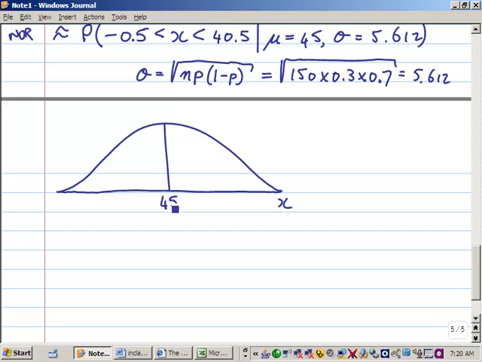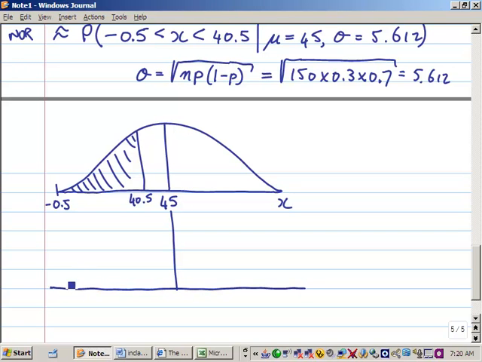We have a mean of 45, the upper limit was 40.5, which is below that, the lower limit is minus a half, and one of the limits is quite often a long way away. We're going to translate those values to the z-distribution and find the limits corresponding to negative 0.5 and 40.5.